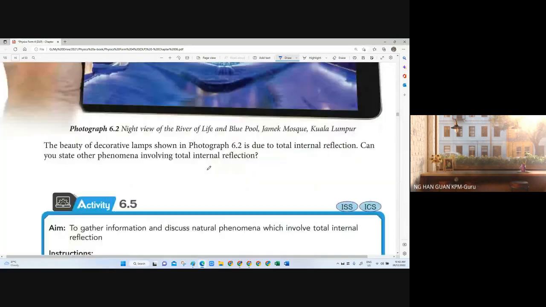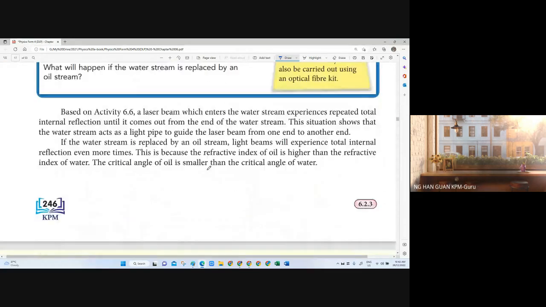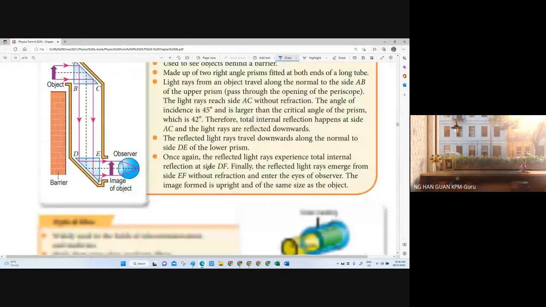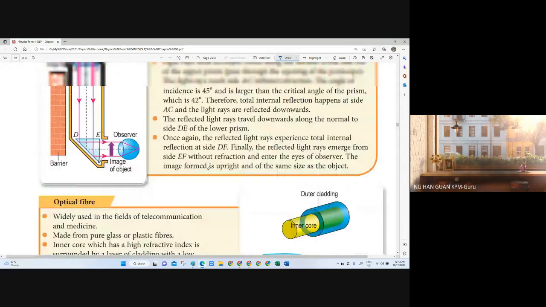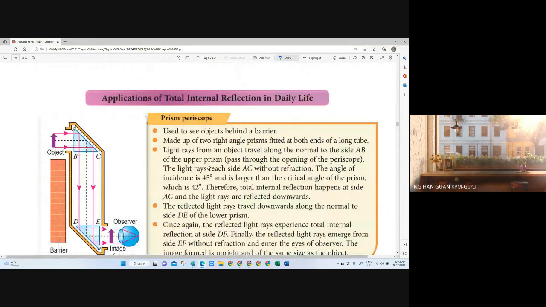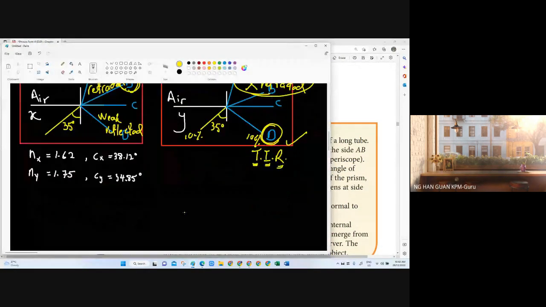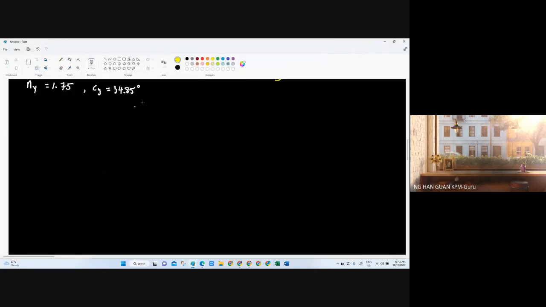So that's why with this 24.4 degree, we cut the diamond into a particular shape. That's why the diamond always has a particular shape, the diamond shape, to ensure total internal diffraction. When the light enters the diamond, it will bend towards the normal.